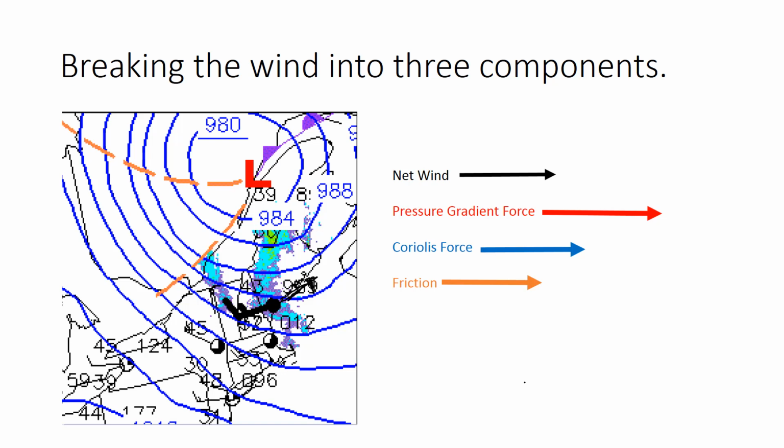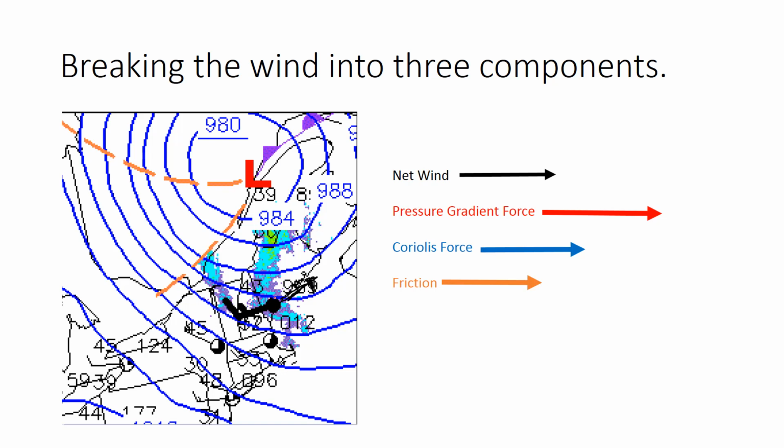Now let's actually split the wind up into its individual components. The first one we need to look at is the pressure gradient force, which is in red. The way that the pressure gradient force works is you identify the nearest isobar to the station. So we have the station here. The nearest isobar is right here.